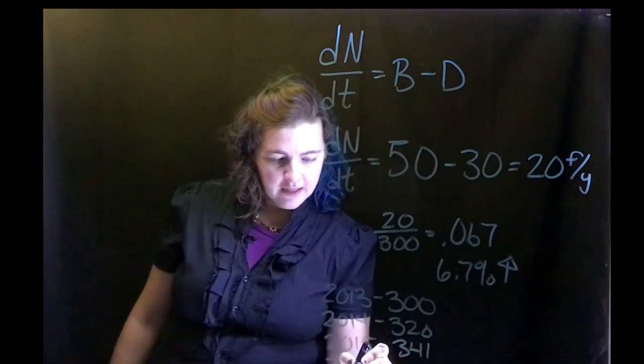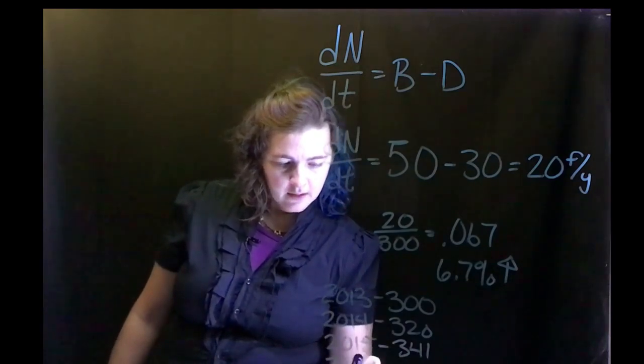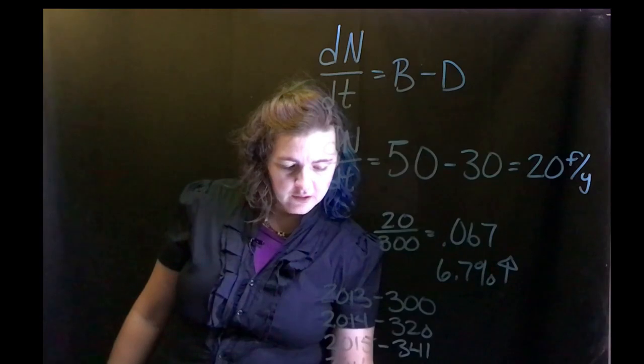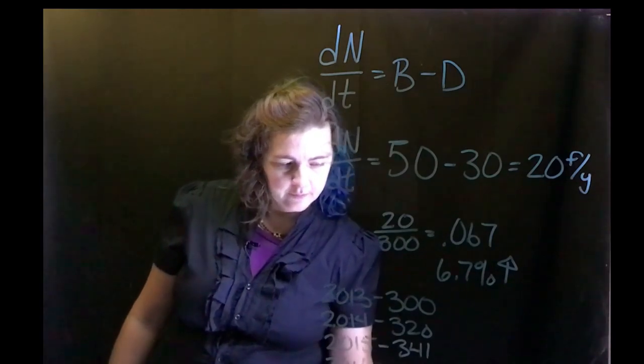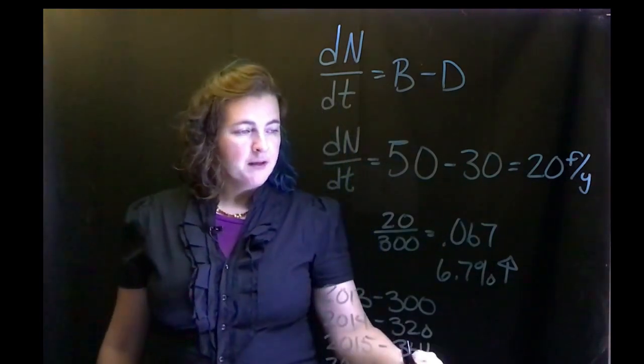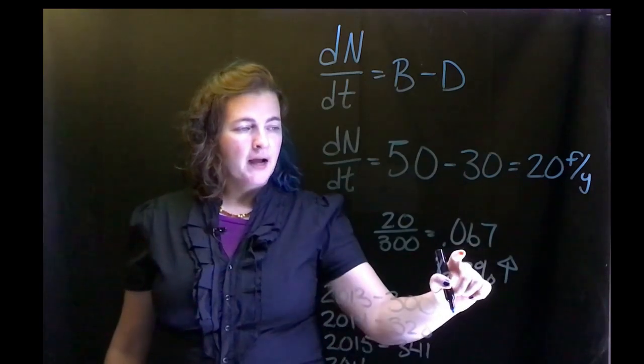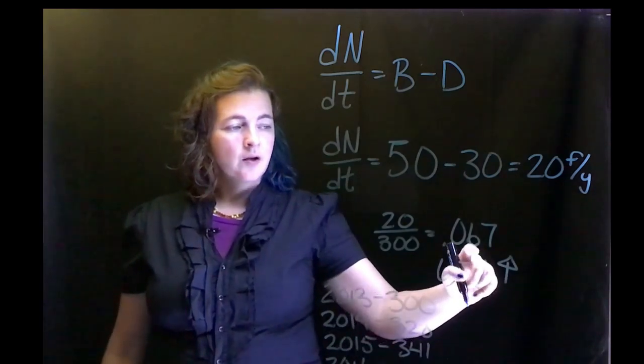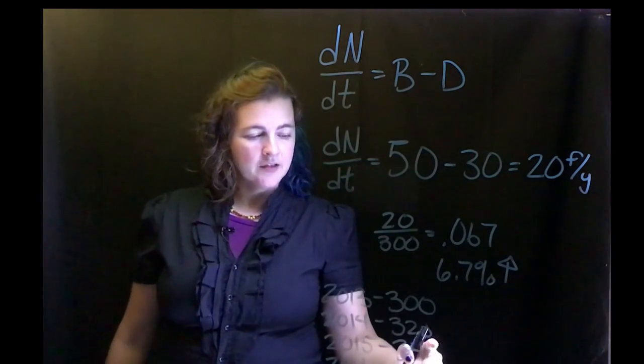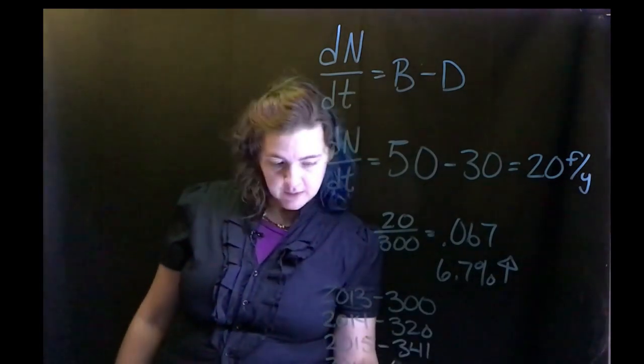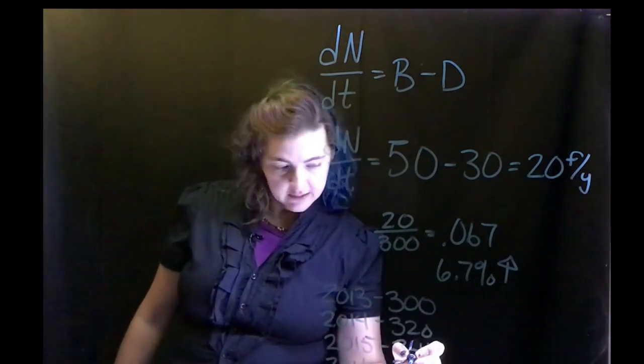Then I have 2016, and then I'll also do 2017 and 2018. I'm going to take my 341, multiply it by the 0.067. Whatever comes out of there, I'm going to add it to the 341, and that comes to 364.